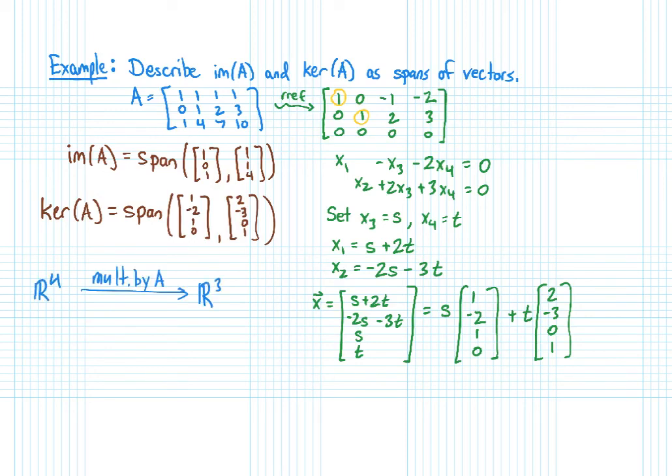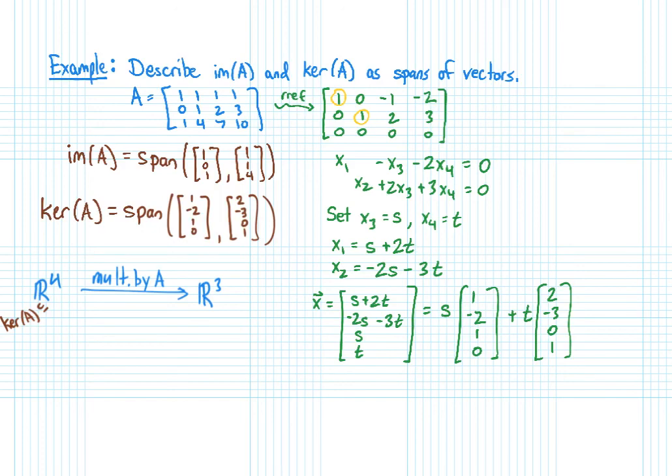In this case, because A is a 3x4 matrix, you multiply it times vectors that are 4-dimensional, and you get vectors that are 3-dimensional as the output. So A, as a transformation, is a transformation from R4 to R3. The kernel consists of vectors that live in the domain, which in this case is R4. And so the kernel of A is a subset of R4.